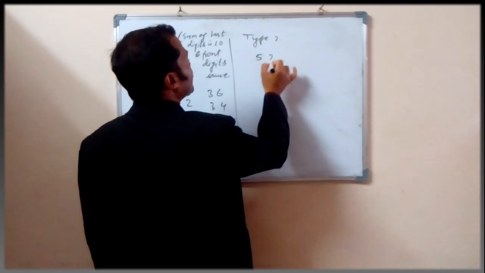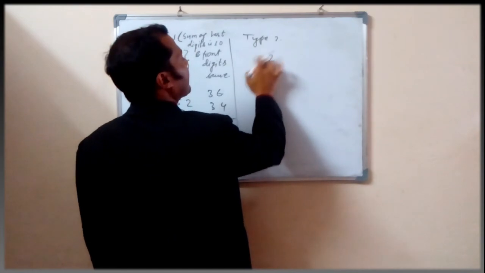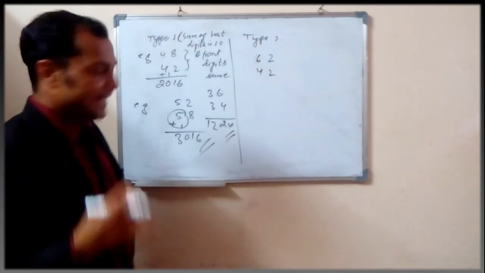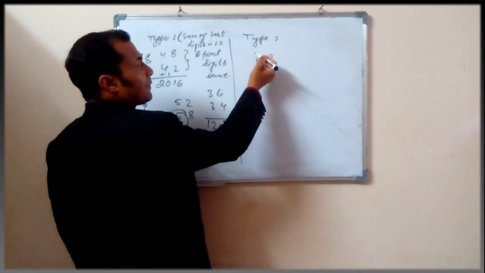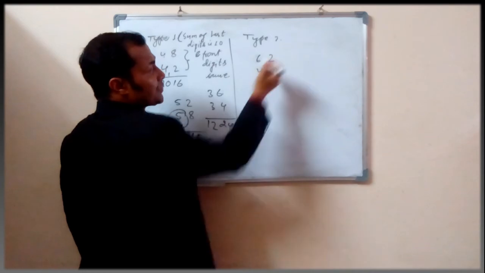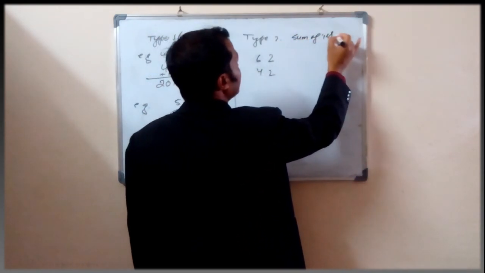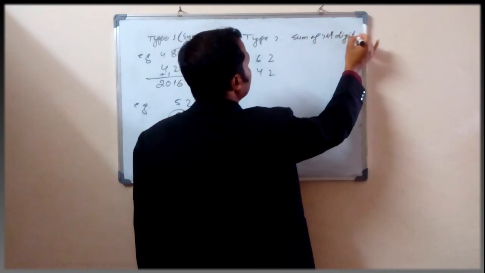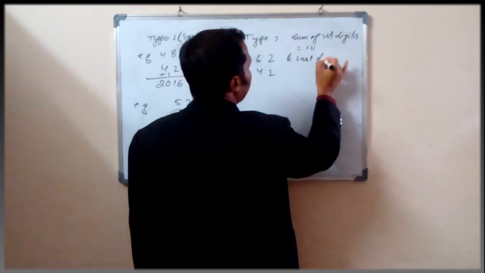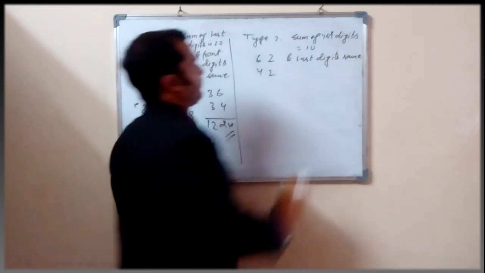Let's take a different number, 62 and 42. In this case, the sum of the first digits should be 10, and the last digits should be the same.